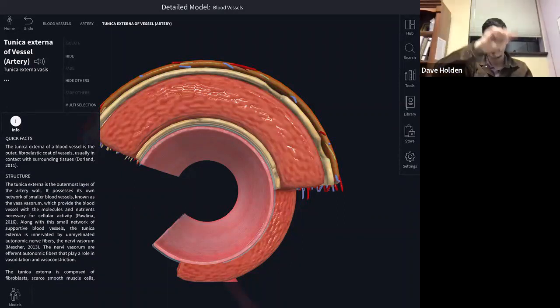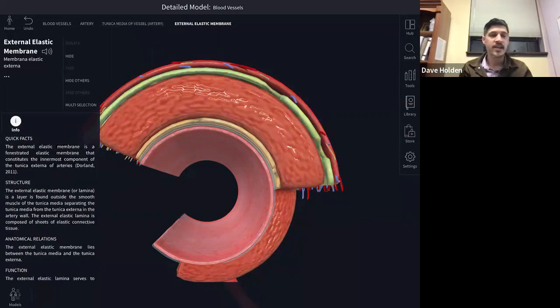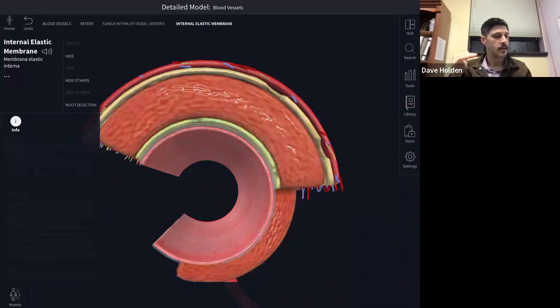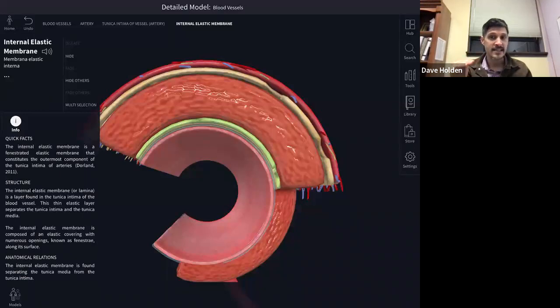That's the one that's kind of a brownish color, all along the outside. Then we have the external elastic membrane. That's the elastic part. That's what lets it snap back after being stretched. Then we have the muscular layer. Then we have another elastic layer, double elastic layers.